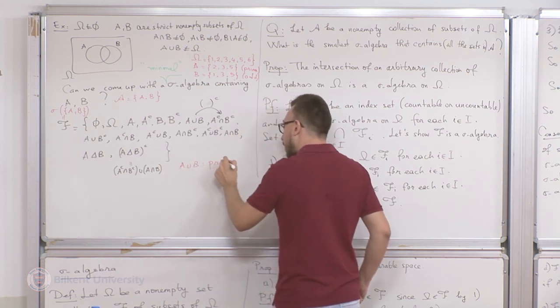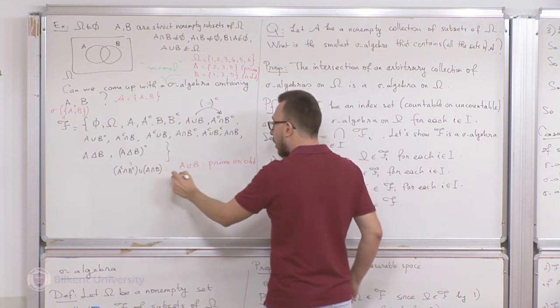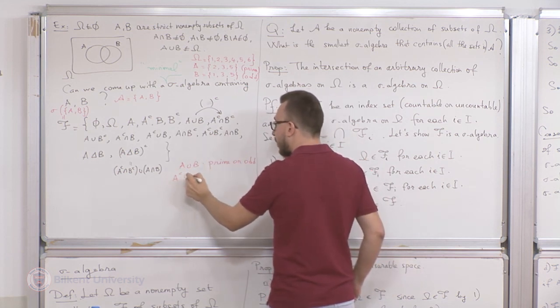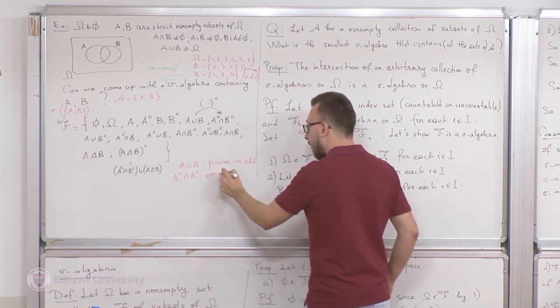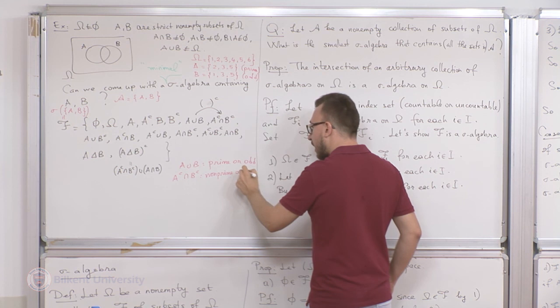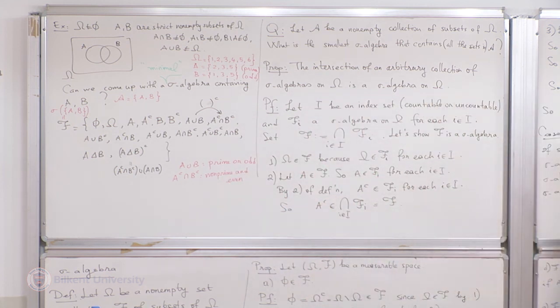So A complement intersection B complement. Non-prime and even. You can tell it. People don't have to tell you that, hey, you can also answer all those other questions. You come up with those questions yourself.